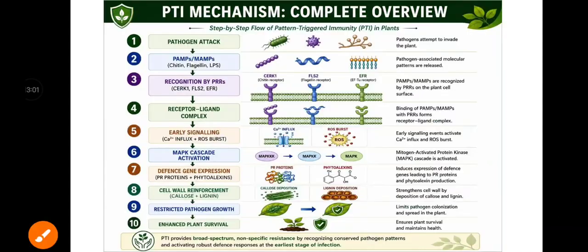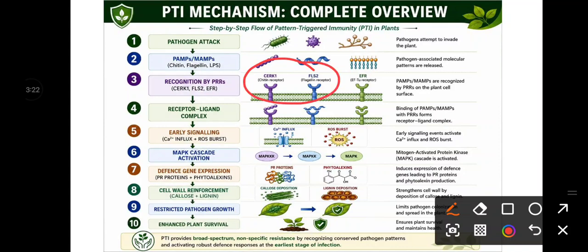Okay, then this is the complete overview. When a pathogen attacks, it will secrete some PAMP molecule that may be chitin, flagellin or LPS lipopolysaccharide, that is recognized by our PRR molecule, the pattern recognition receptors present on the membrane. After recognition, it will form the receptor-ligand complex that will generate the early signaling events.